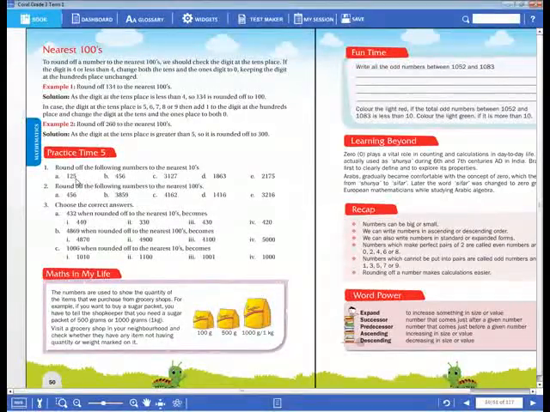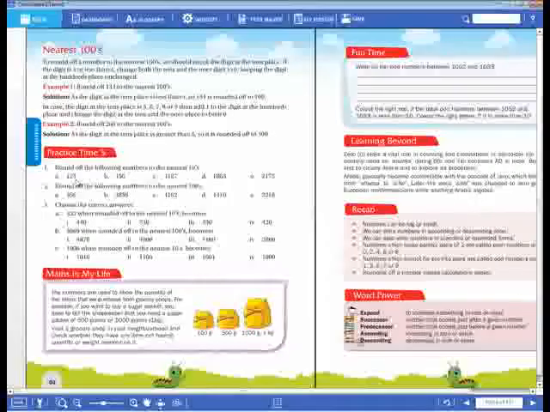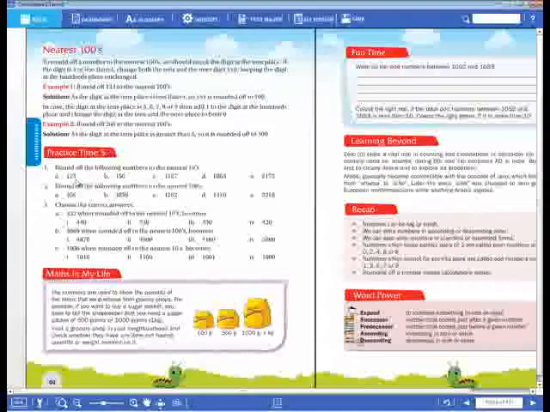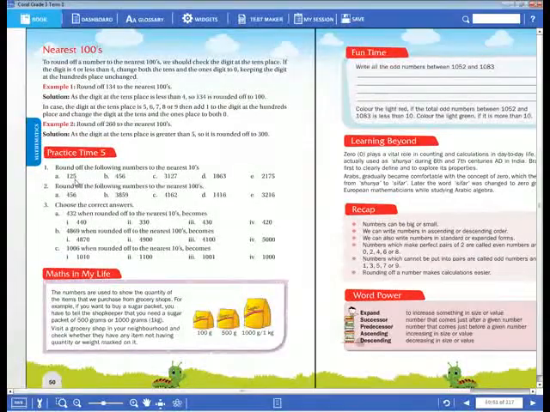If they have given a 2-digit number, we check the last digit. If the last digit is greater than 5, like 6, 7, 8, 9, if any of these digits comes, we have to take the next tens. Yes or no, Ritvik? Are you understanding what I am saying to you?